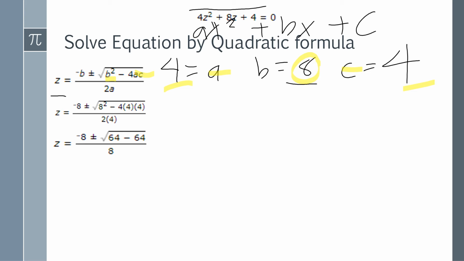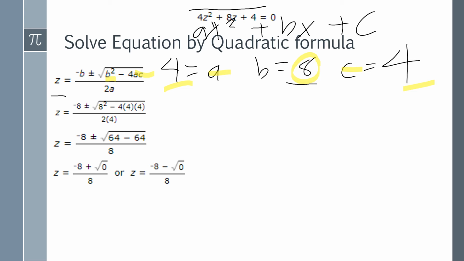Okay. So the 64 comes from all what I did here in the square root. Again, all in the square root tells me. Then 64 minus 64 is 0. So when I divide negative 8 by 8, what did I get?